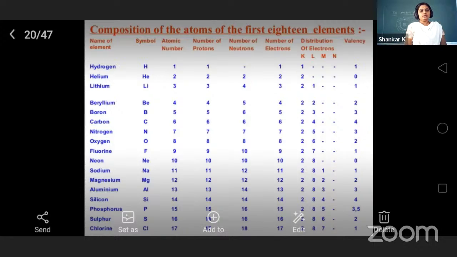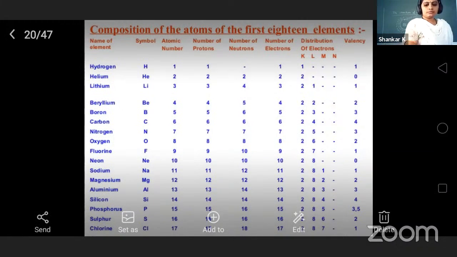Here you see that helium has atomic number 2, number of protons 2, number of neutrons 2, and number of electrons also 2. How to find protons, neutrons and electrons, we will discuss tomorrow.